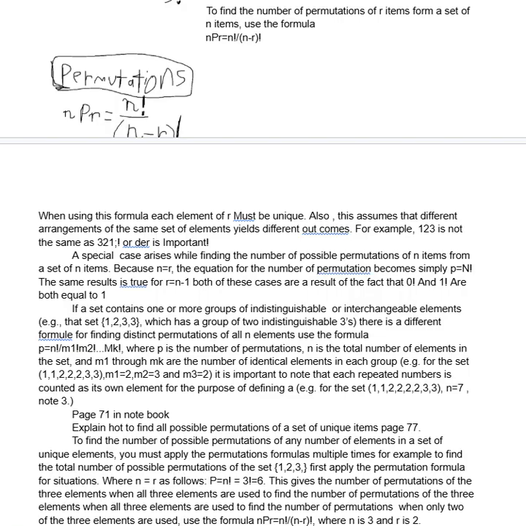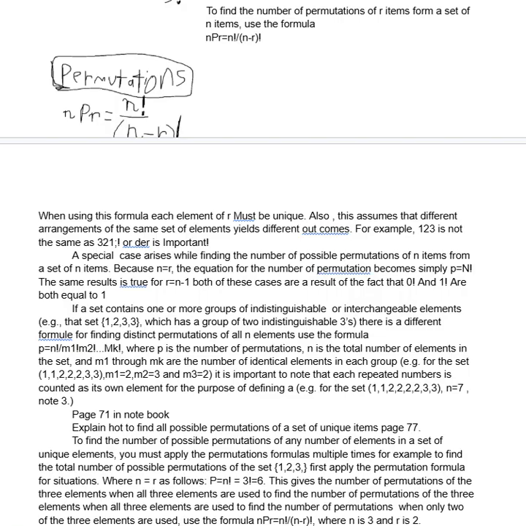Order is important. A special case arises when finding the number of possible permutations of n items from a set of n items.